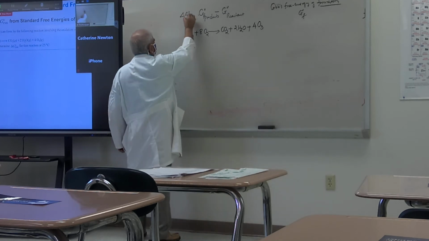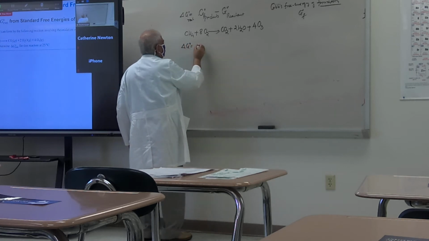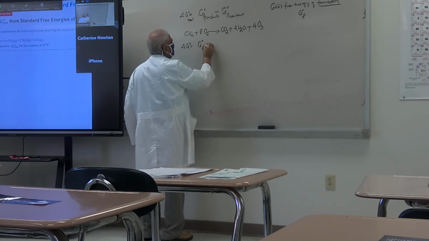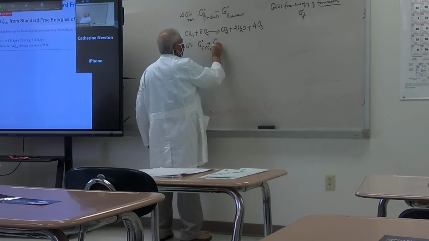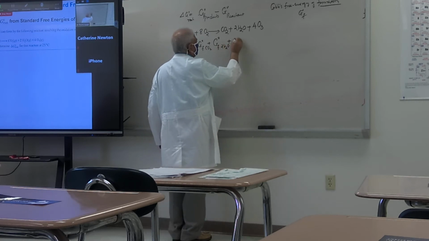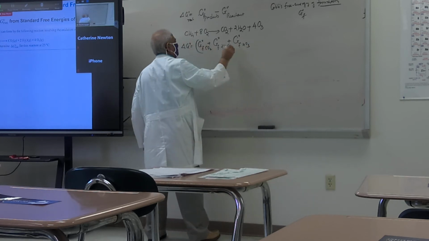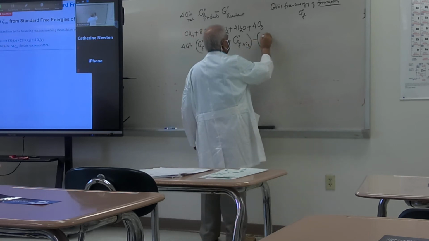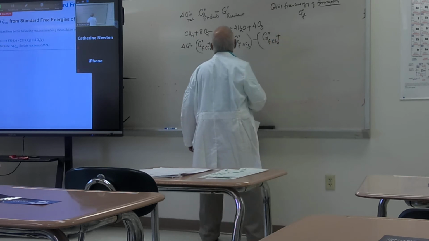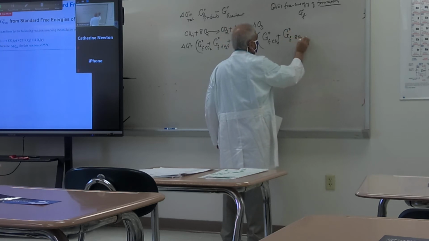So for that, if you want to calculate the delta G0, you need G0 of formation of CO2 plus G0 of formation of 2H2O plus G0 of formation of O3 minus G0 of formation of CH4 plus G0 of formation of O2.